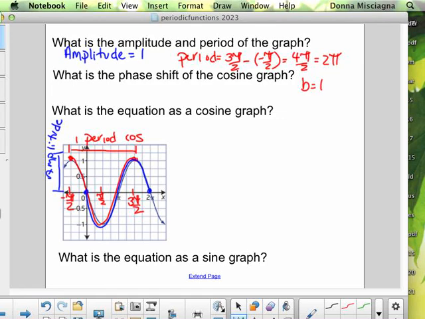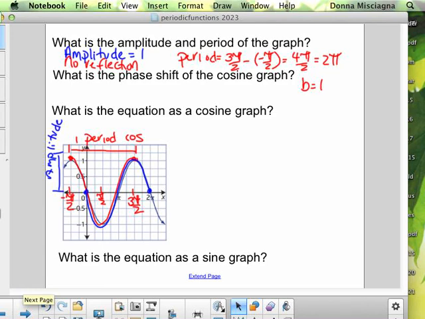It starts off at the max, then the intercept, min, intercept, and back to the max. But the sine graph has a reflection. So the cosine graph, no reflection, because it starts at max.